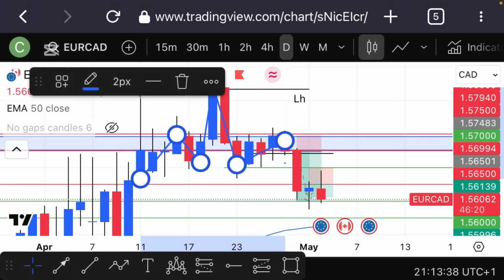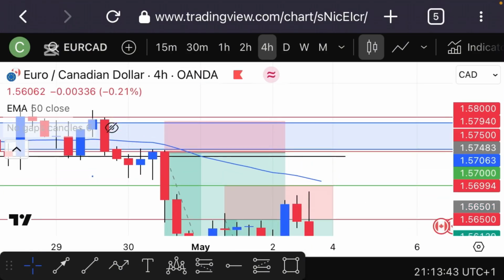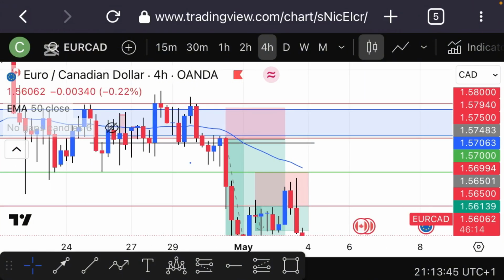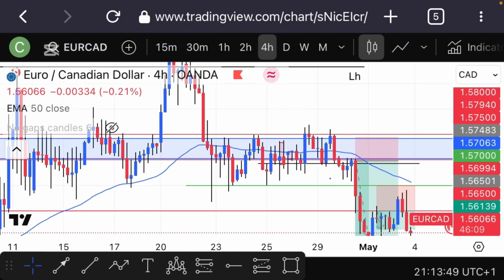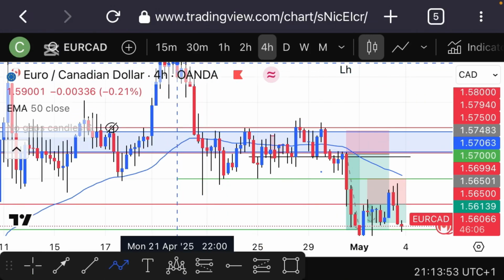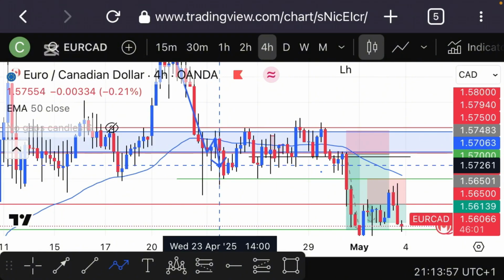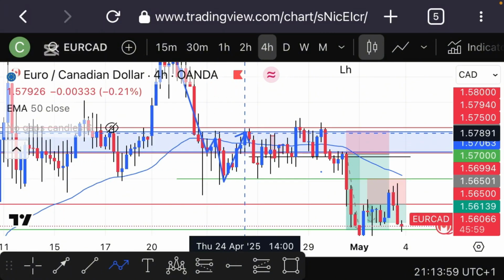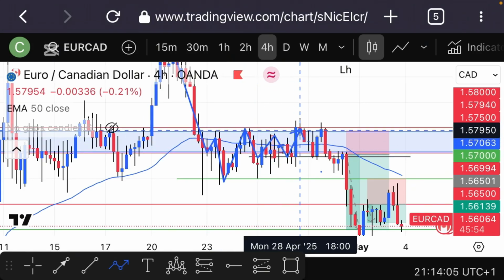But then we go down on the 4-hour time frame. So on the 4-hour time frame, by the time I was breaking the market, we were here. We had shifted also kind of bearish as we closed there. Then here we were just busy consolidating at this zone.